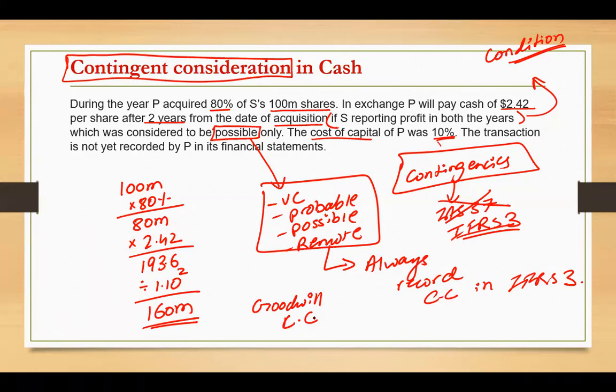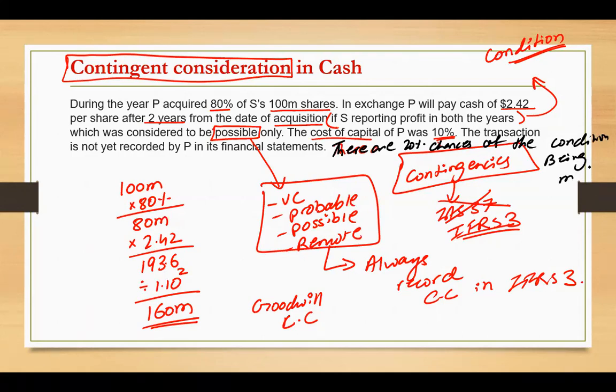But one thing which is again important, let's say the question would have said that there are 20% chances of the condition being met.